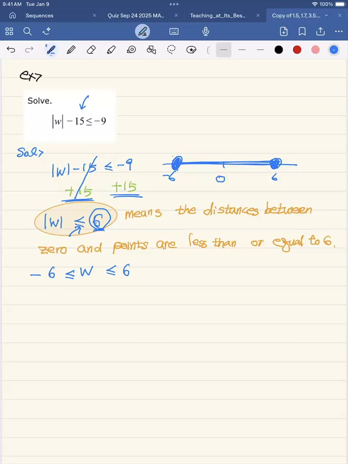Another notation will be from negative 6 to 6, and we use inequality notation. The interval notation will use brackets: open bracket, negative 6, comma, 6, close bracket.